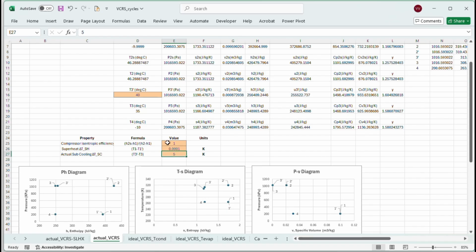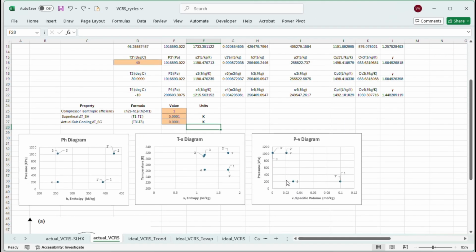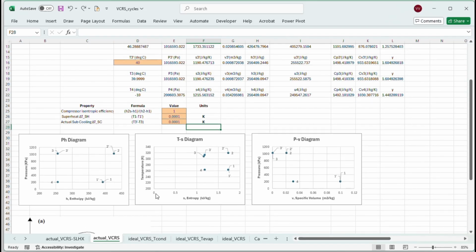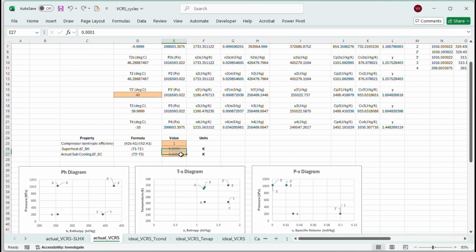So if it was 0.001, they're identically on top of each other. I don't know why this one is not moving yet, but ideally they're right on top of each other. So if you change that to 5 or 10, you'll see them move. Now we have separated the 3 prime from 3.